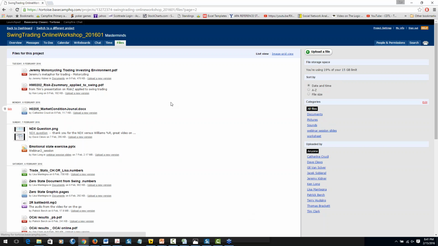We have Tim's worksheet on Risk Z summary. Yes, on page 2 of the files, this one, HW0202. This one here has the Risk Z summary applied to swing trading. So I'm going to open that one up and talk about it, because it's a good one.